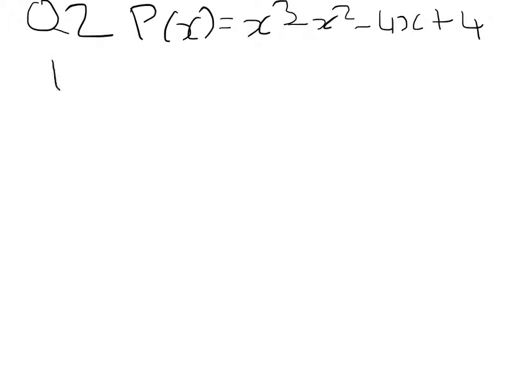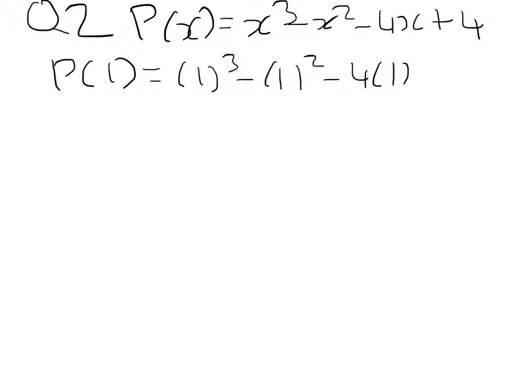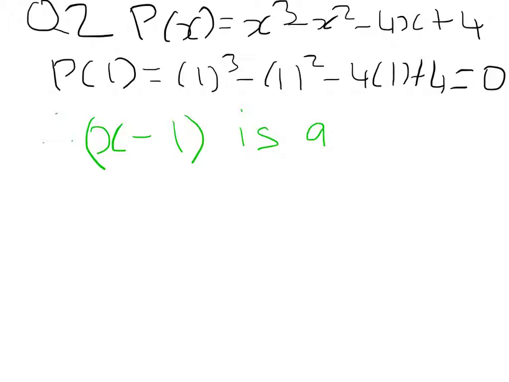We'll substitute p of 1, which is equal to 1 cubed minus 1 squared minus 4 plus 4, and that gives us 0. Therefore, x minus 1 is a factor.